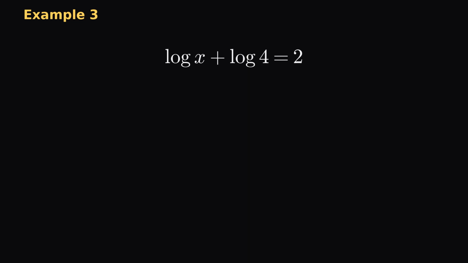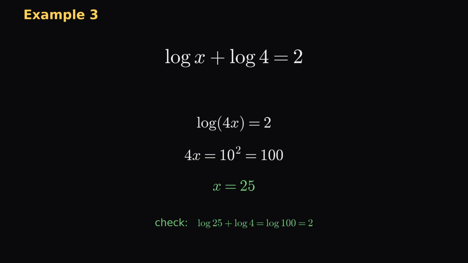Example 3. Solve log x plus log 4 equals 2. Condense first. Product rule. Log of 4x equals 2. There's no base written, so it's base 10. 4x equals 10 squared, 100, so x is 25. Check it.